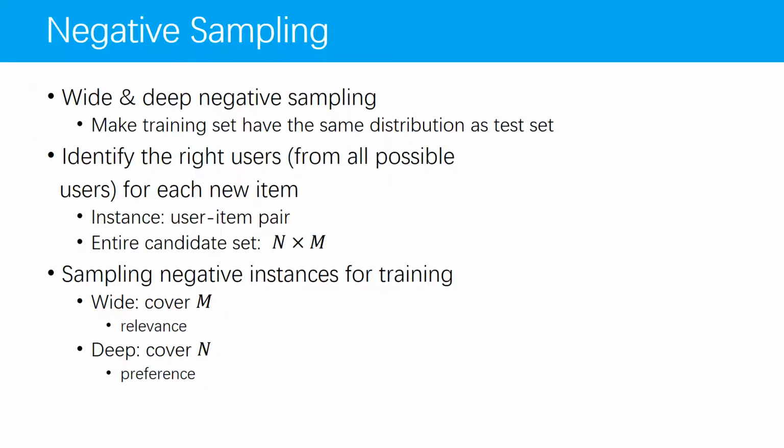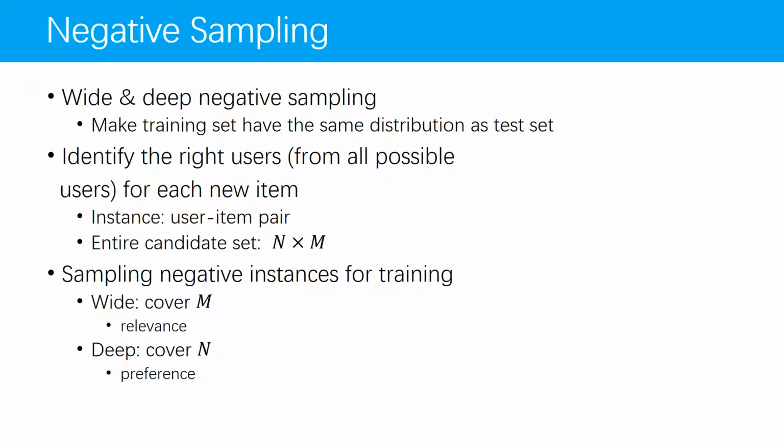That's why we decided to construct a training set which simulates the distribution of the test set. The key point is to select negative instances. We call these steps wide and deep negative sampling. Denote the total number of users as n, and the total number of items as m.